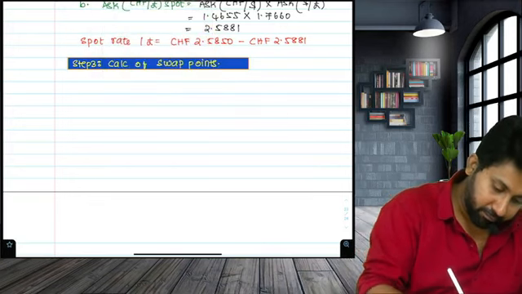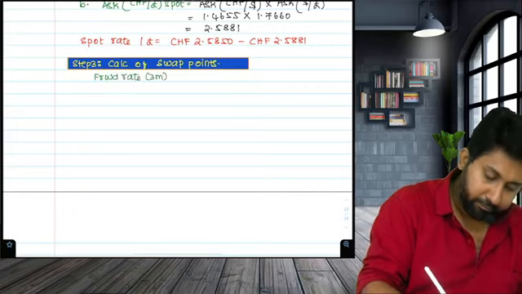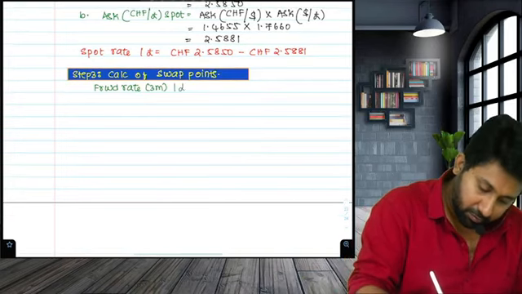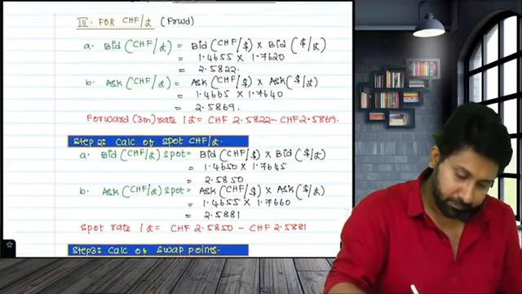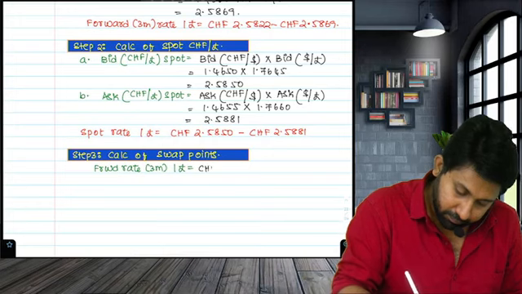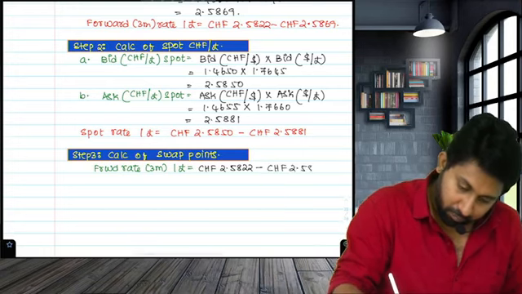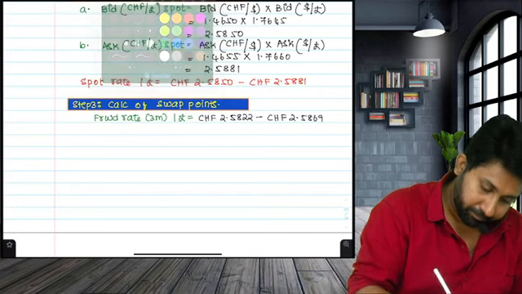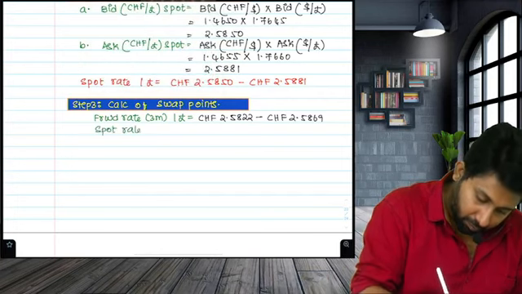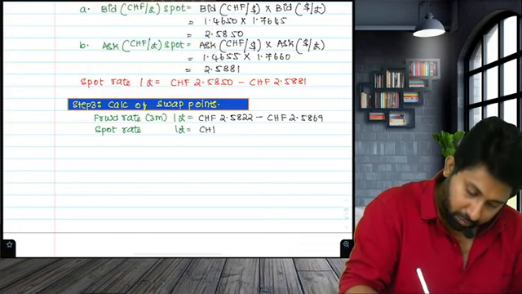So first one, forward rate 3 months, 1 pound equal to CHF 2.5822 to 2.5869.